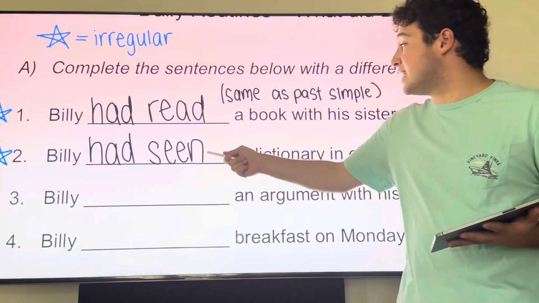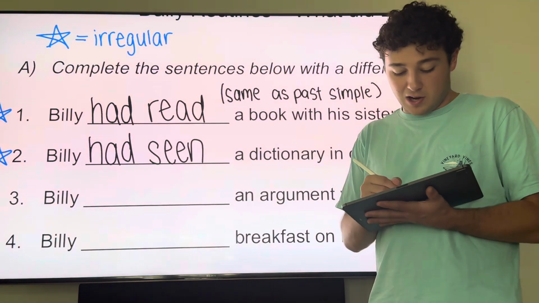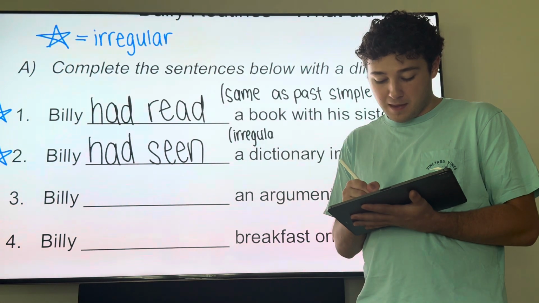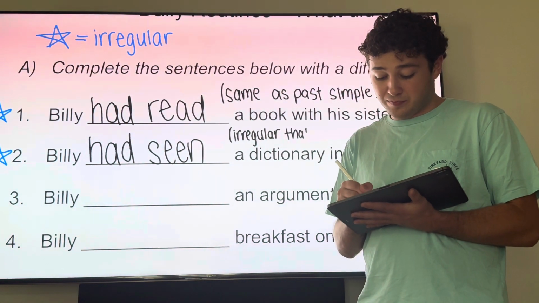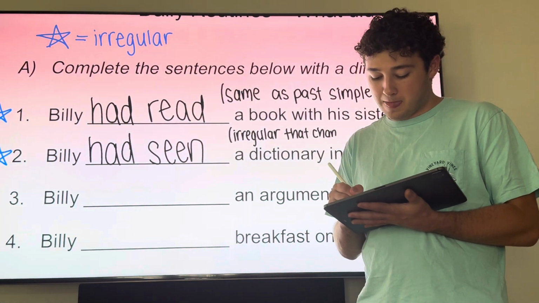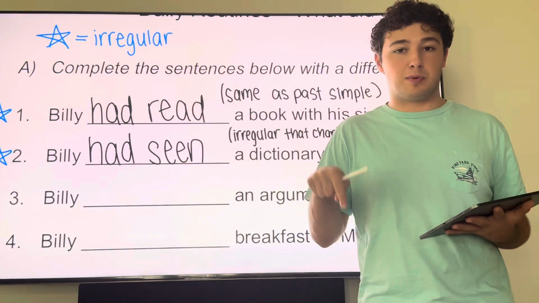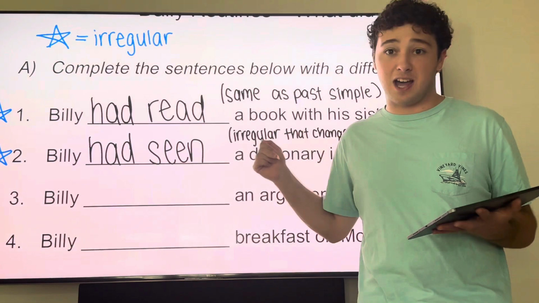Billy had seen. This one is an irregular that changes. And for ones like this, please look in the Quizlet below. It's the best way to memorize these kind of words.